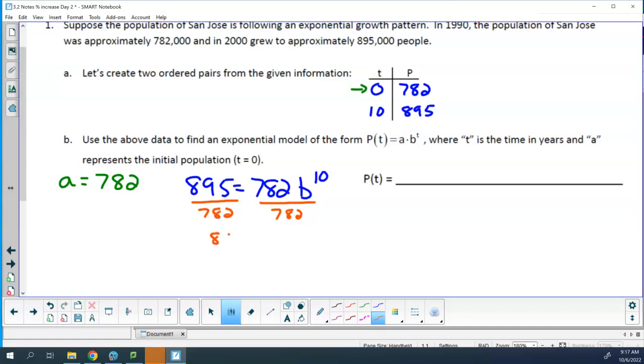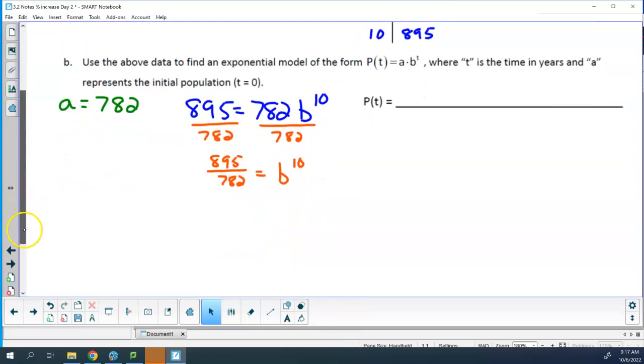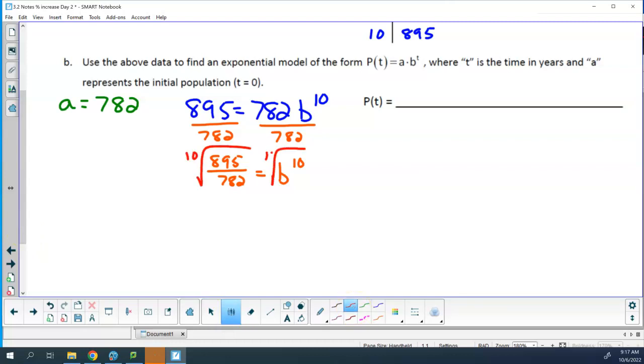That's going to give me 895 divided by 782 equals B to the 10th power. And then I need to take the 10th root of both sides.